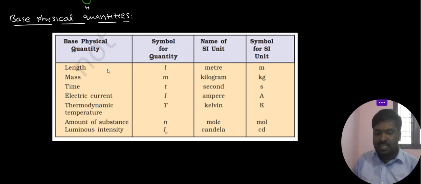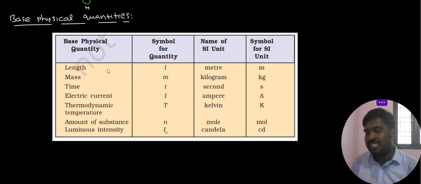The 7 base physical quantities are length, mass, time, electric current, thermodynamic temperature, amount of substance, and luminous intensity. Their symbols: length L, mass M, time t, electric current I, thermodynamic temperature T, amount of substance n, luminous intensity Iv.